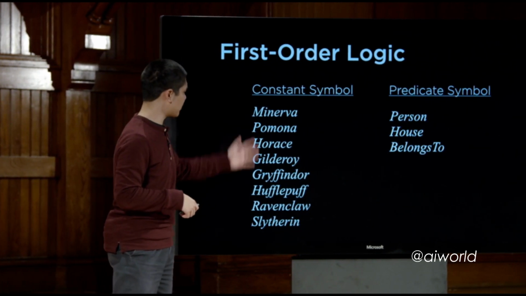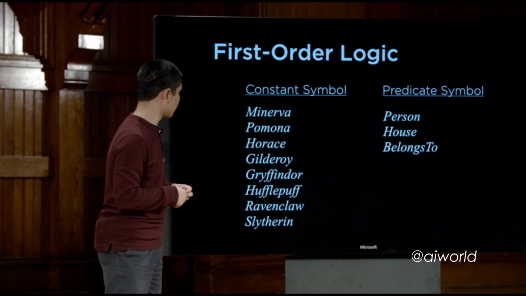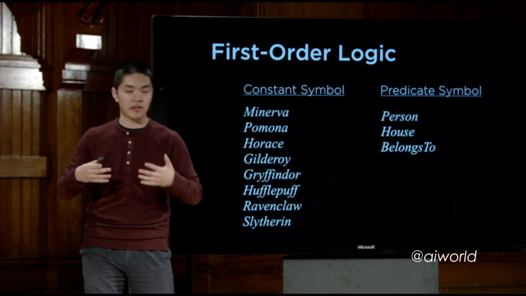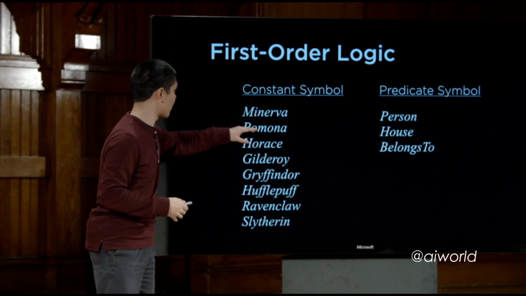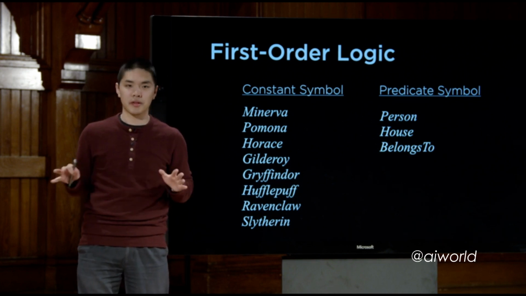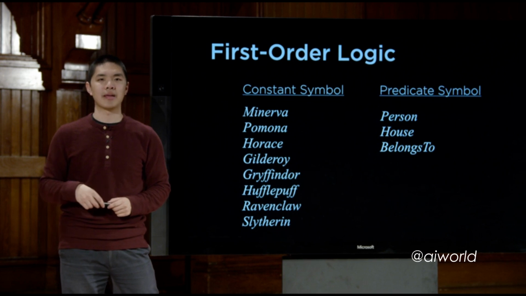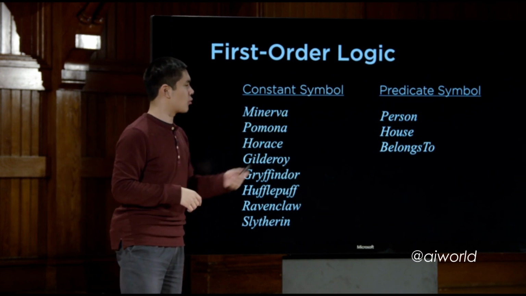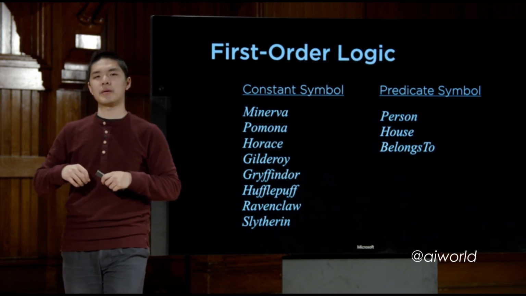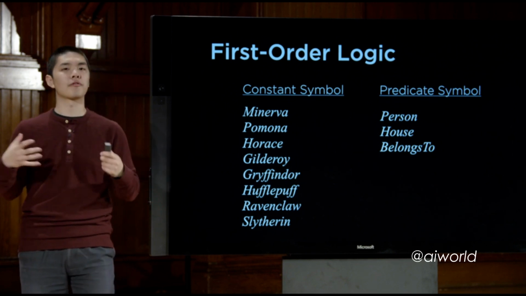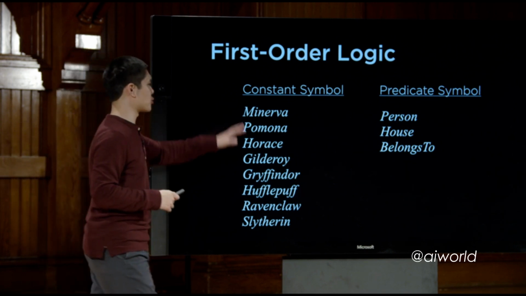But for now, in this same problem, our constant symbols might be objects, things like people or houses. So Minerva, Pomona, Horace, Gilderoy, those are all constant symbols, as are my four houses, Gryffindor, Hufflepuff, Ravenclaw, and Slytherin. Predicates, meanwhile, these predicate symbols are going to be properties that might hold true or false of these individual constants.